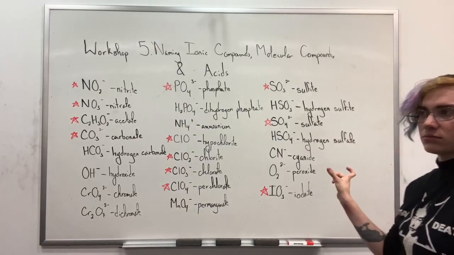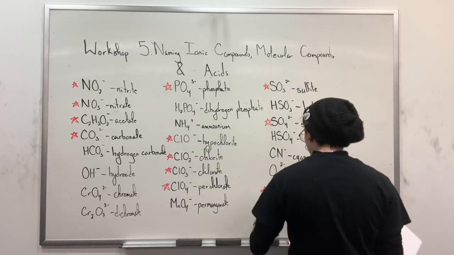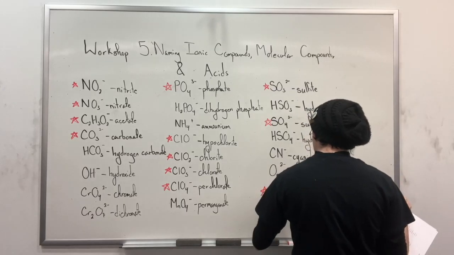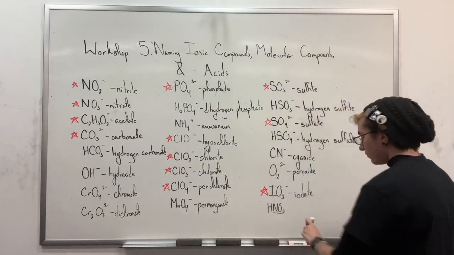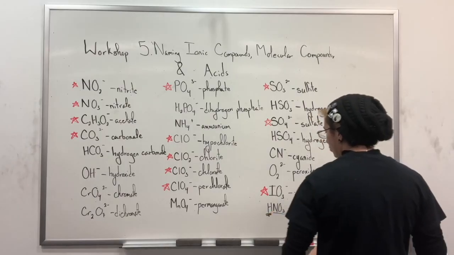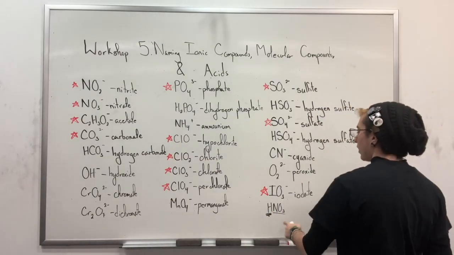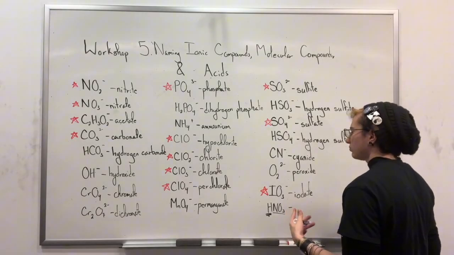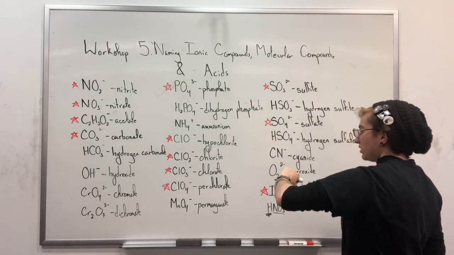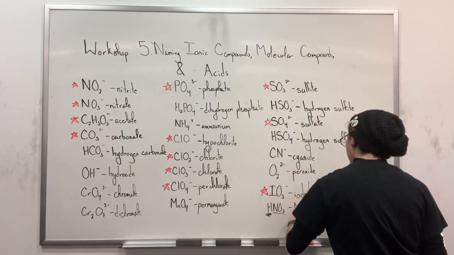The prefix hydro is not going to be included in this. And so if I write HNO3, we have our polyatomic ion, our non-metal, and we have our hydrogen. That tells us it's an acid. Because this is a polyatomic ion, I'm not going to start this with hydro. I'm just going to go straight into the name of NO3. It's nitrate, and so it's going to become nitric.